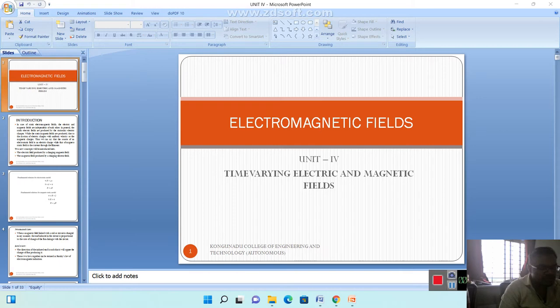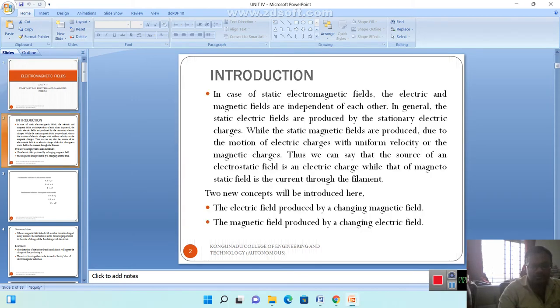Now our topic is Faraday's law. Before that, we are going to discuss the introduction part. In the case of static electromagnetic fields, the electric and magnetic fields are independent of each other.